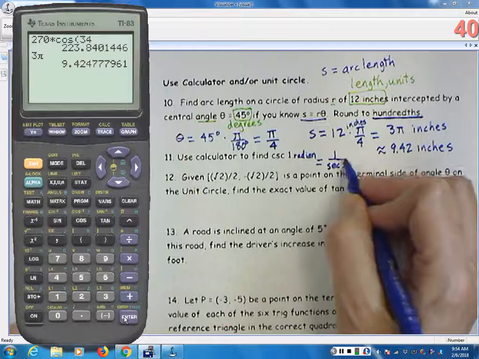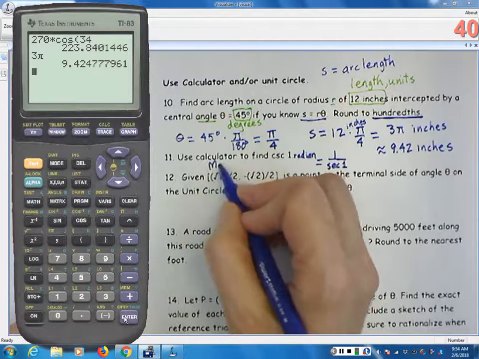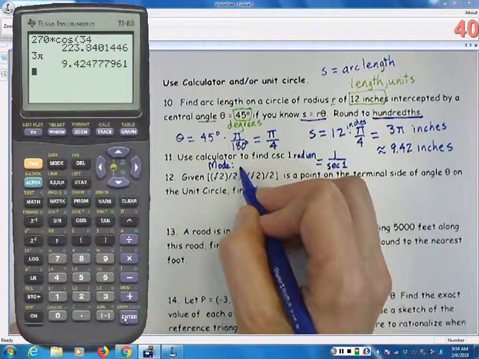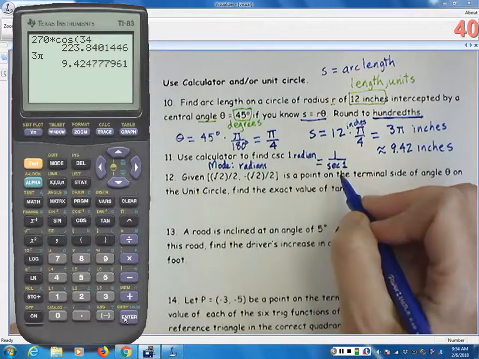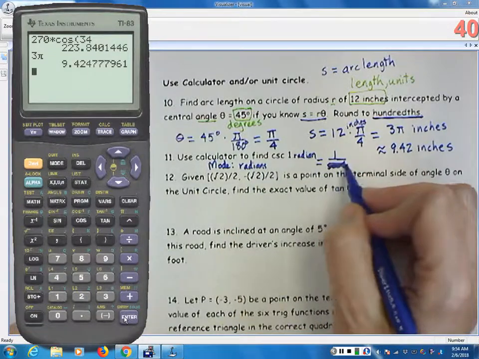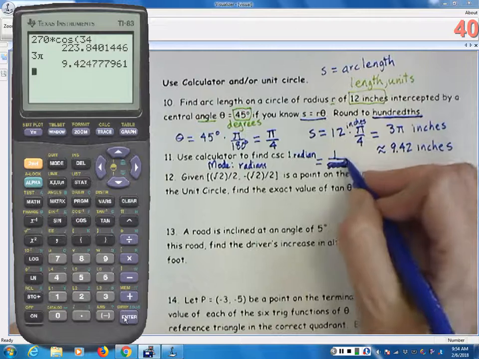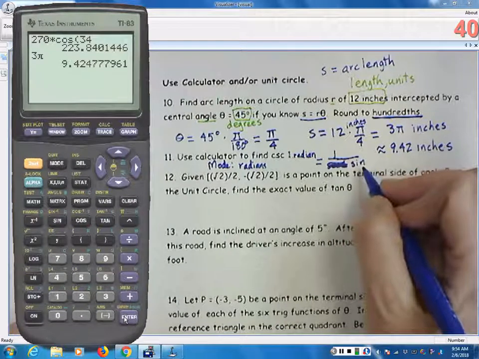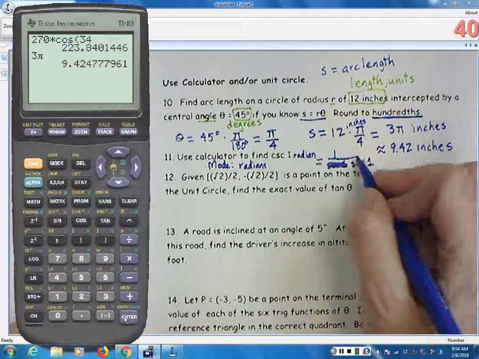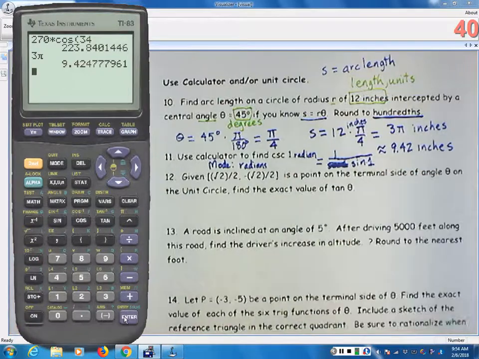Isn't that 1 over sine? Oh yeah, sorry. Here we go. I said we have to give you some extra credit. Okay, 1 over sine of 1.